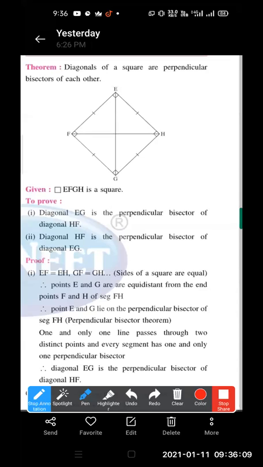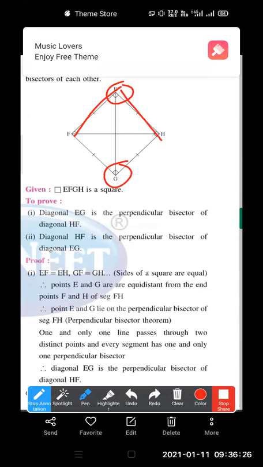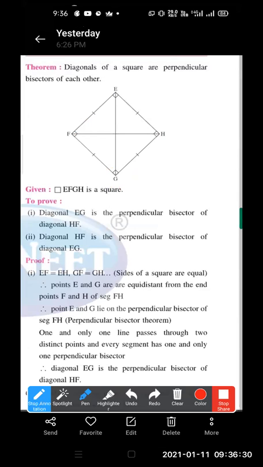Now see here, points E and G are equidistant from the endpoints F and H. You can see these are equidistant. We have studied one property, children, the perpendicular bisector property.